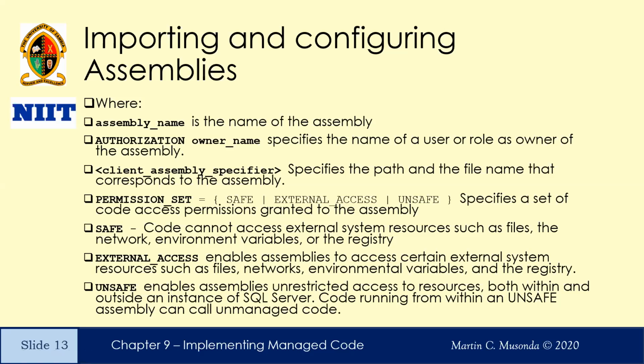The information is saved in the registry, but the pieces of information are going to be associated with different variables, and those are the ones which are referred to as environment variables, such as the location of the home directory, that is, where you have documents, music, pictures, and so on. So when you use SAFE as the permission set, it means that the code cannot access any of those.